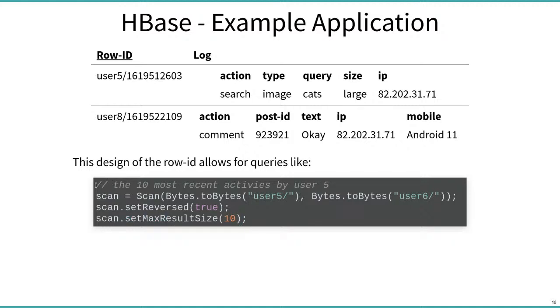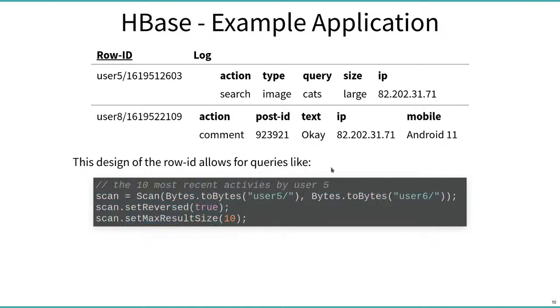So this way I can write a Java program that tells the HBase database, hey, please give me the rows between user5 and user6, so everything that starts with user5/, and give it to me in reverse order. So I see the most recent ones, those with the 10 highest timestamps.